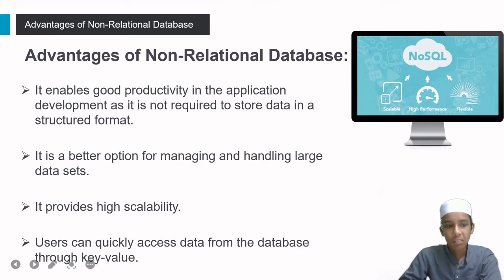It's a better option for handling large data sets. It provides high scalability. Users can quickly access the data from the database through the key value. So what is the key value? We will be learning that in the next tutorial.